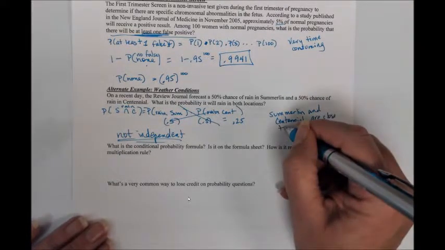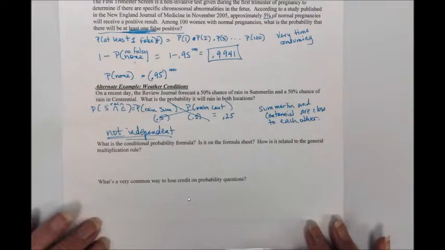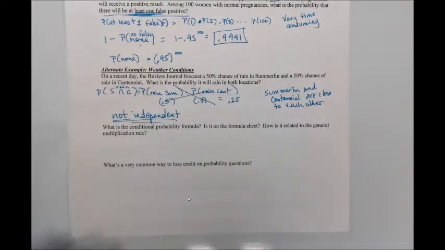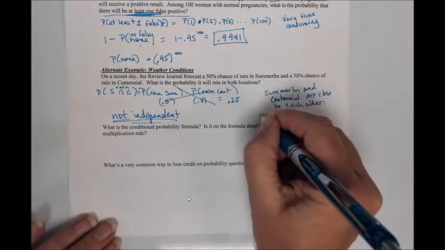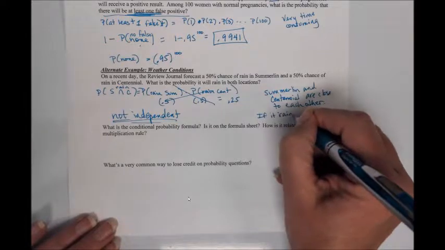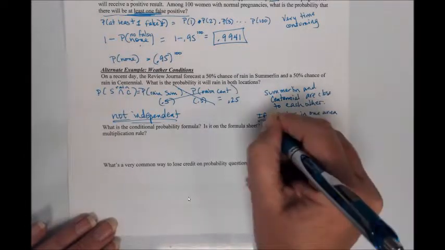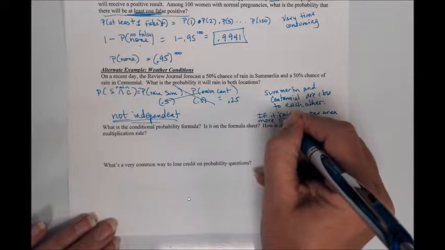So what that means is if it rains in one area, it's more likely to rain in both.